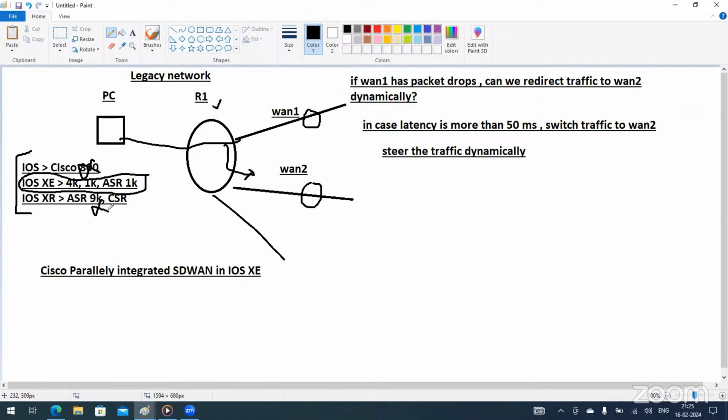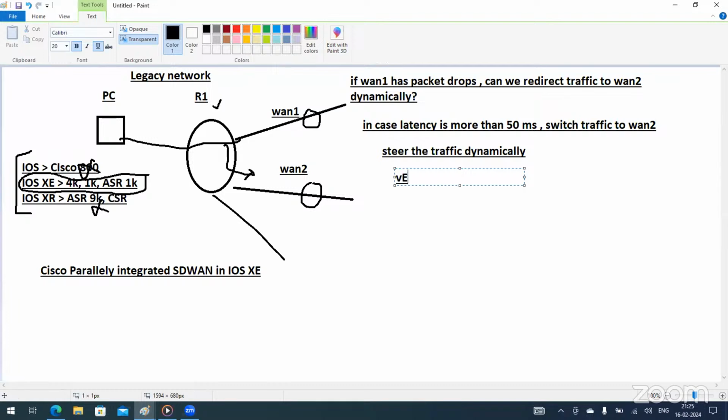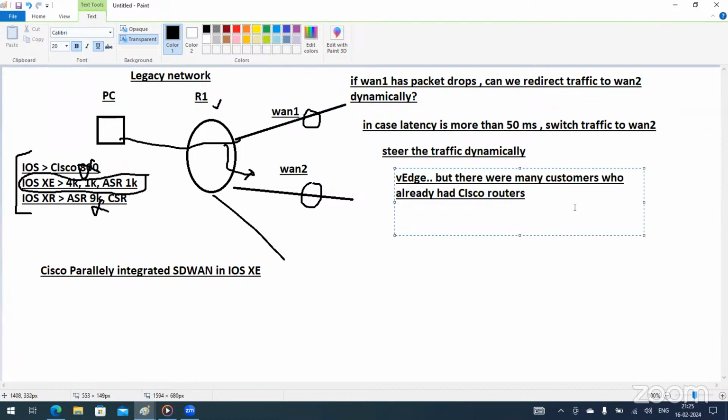Why did Cisco do this? To retain their customers. Because when Cisco took over Viptela, Viptela had already sold their VHs. Cisco was also selling VHs, right? But there were many customers who already had Cisco routers. So if Cisco had continued only with VH devices as hardware for SD-WAN, then they would lose market among the people who had already purchased Cisco routers.